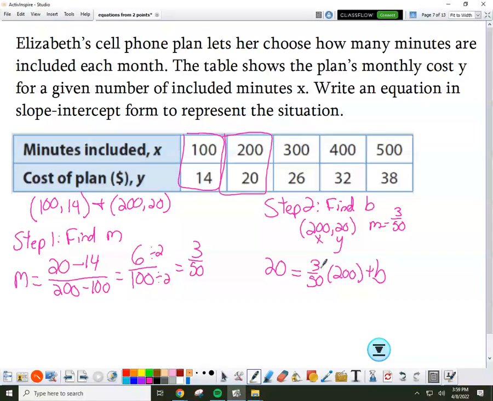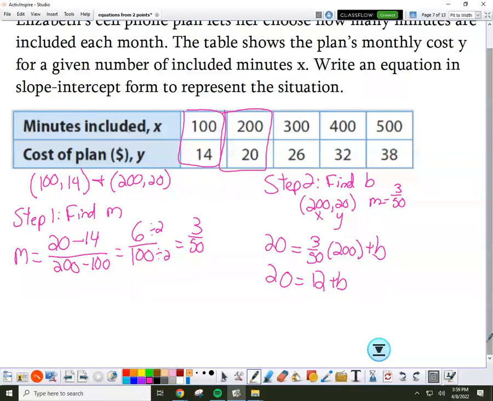Then we multiply this right here. We're going to get 20 equals 12 plus b. Then we have a one-step equation. We're going to subtract them. 20 minus 12 is going to give us 8 for our y-intercept. So now I have my y-intercept, which is 8.